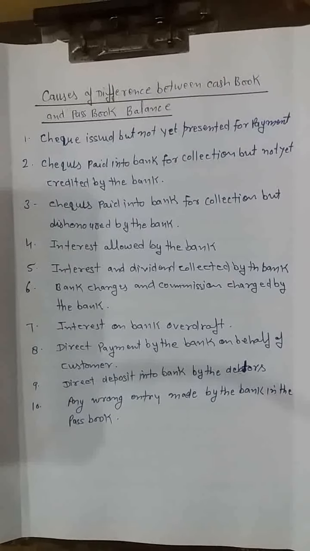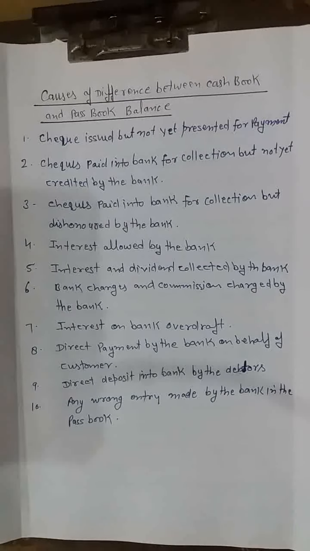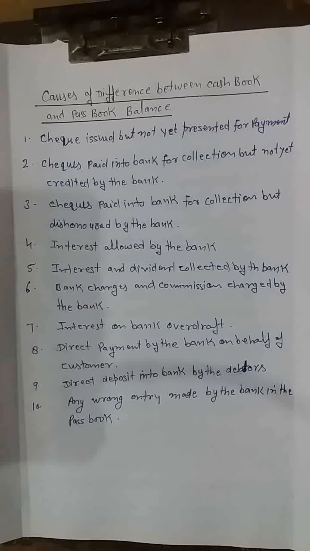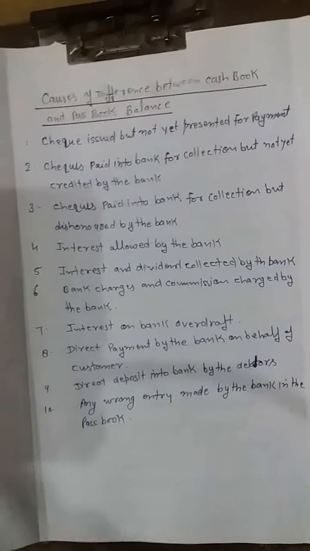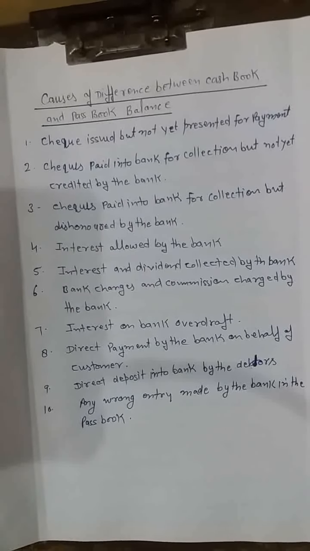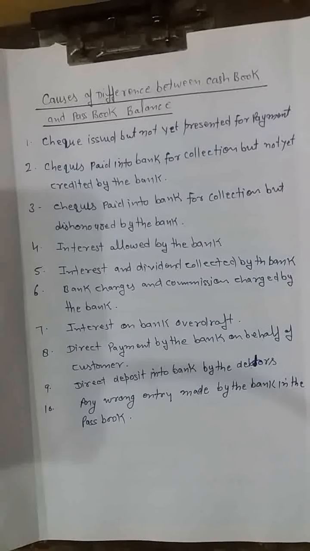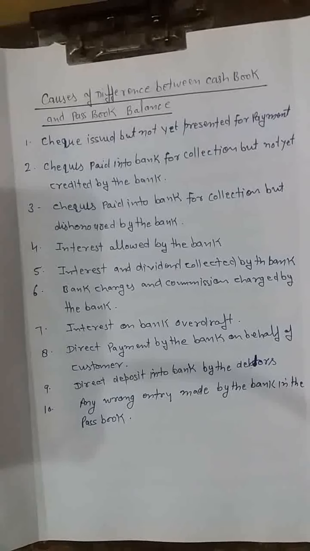Number 2, checks paid into bank for collection but not credited by the bank. A trader receives from time to time checks, drafts, etc. from his customers and he sends them to his bankers for collection.